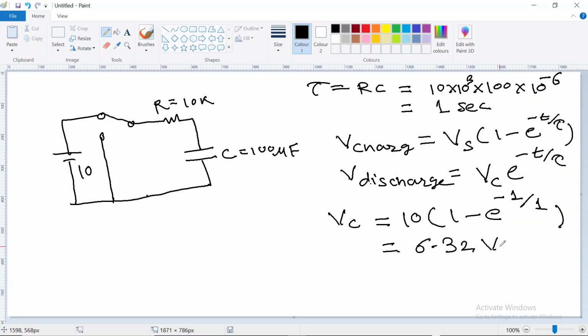It gets charged up to 63.2% of the supply voltage.